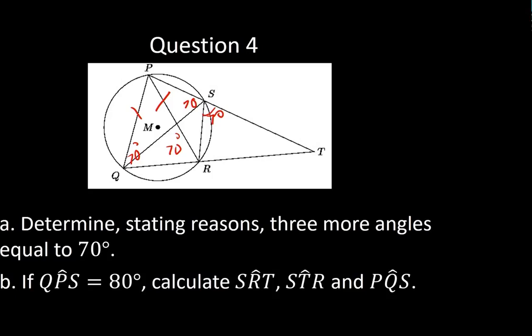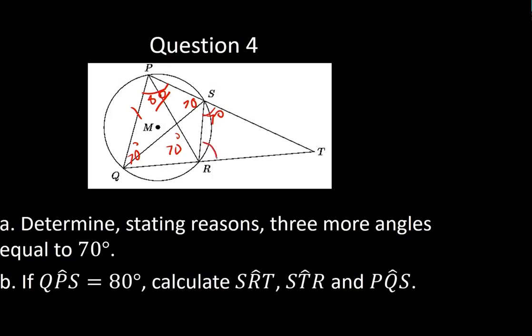They move on to say that angle QPS, so this whole thing here, angle QPS is equal to 80 degrees. And they want us to find the value of SRT.